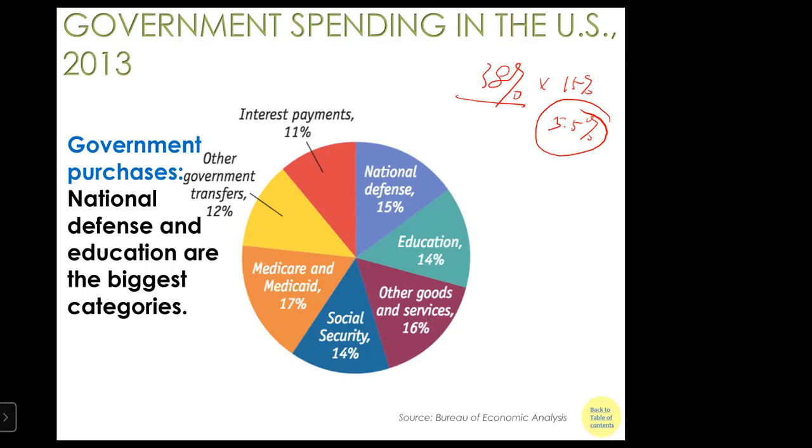Now the other thing I want to emphasize is the interest payment. So what is interest payment? Remember earlier I showed you the US government in 2013. They spent more than they could collect in tax revenue, right? They spent 38% of total GDP, but the tax revenue they collected is 31%. There's a 7% shortfall.